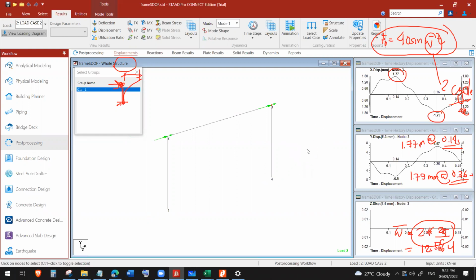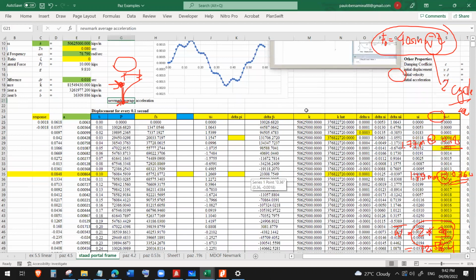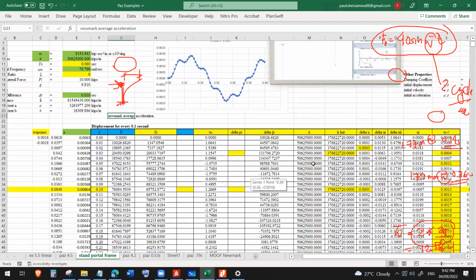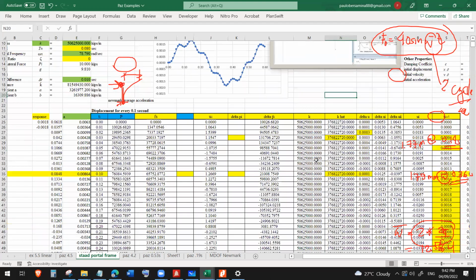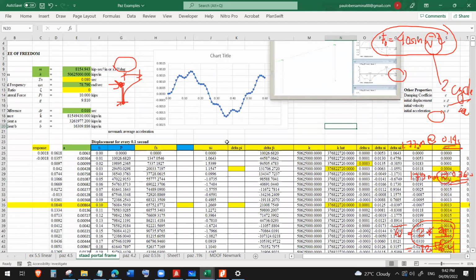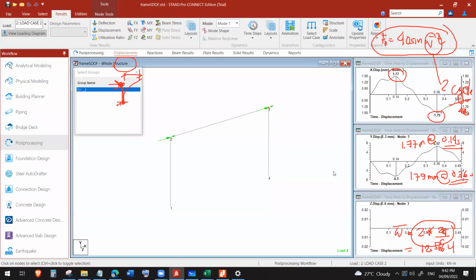So you have lots of options in verifying the response of your structure. But if you are about to solve a general dynamic loading, this Newmark approach, a numerical method, is of course the preferred one, which is also the same one implemented in software like Staad.